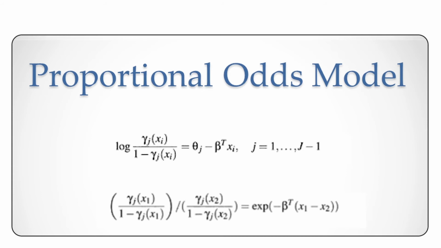That is, this odds ratio is proportional to the difference in covariates x1 minus x2, and also notice that this does not depend on the category j.